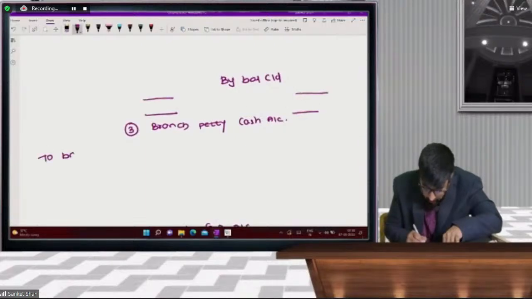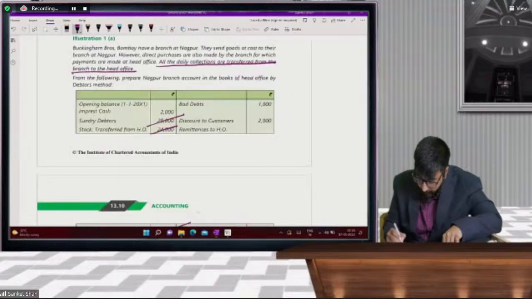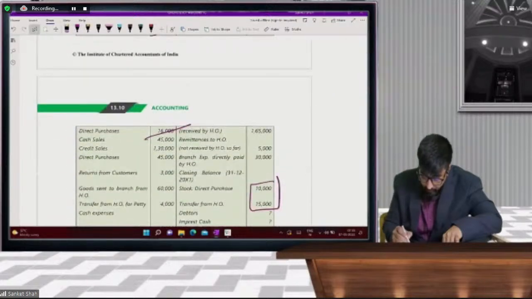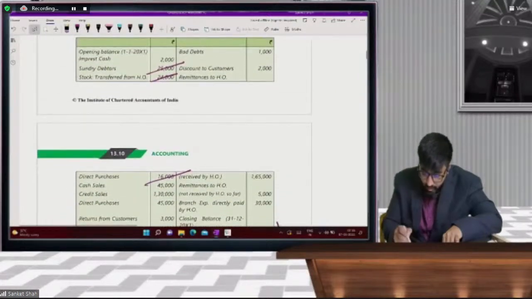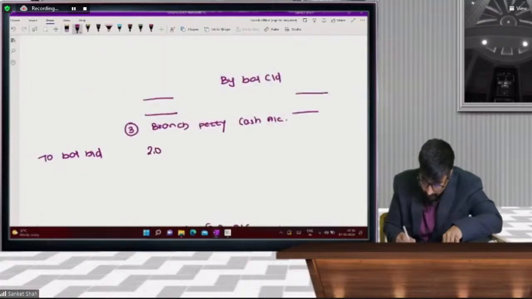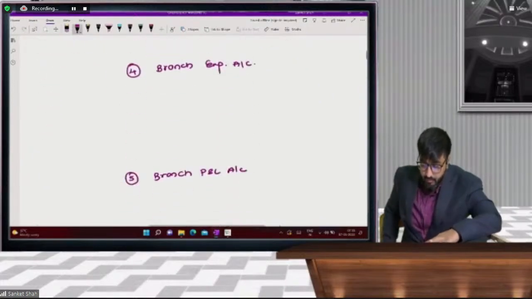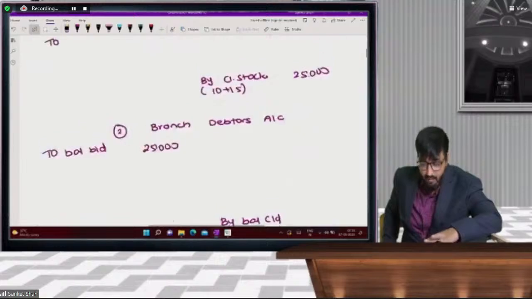Petty cash, to balance brought down. Petty cash is imprest cash, that is 2,000. Then branch expenses and branch P&L.